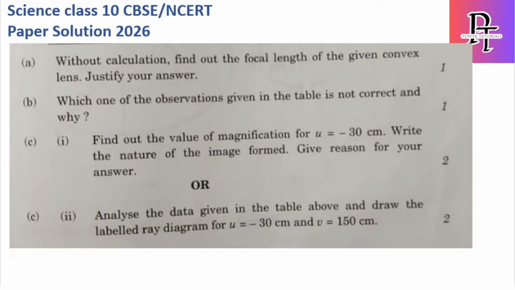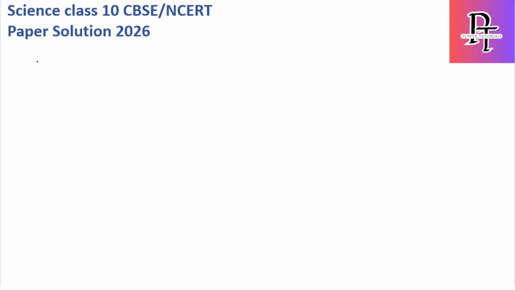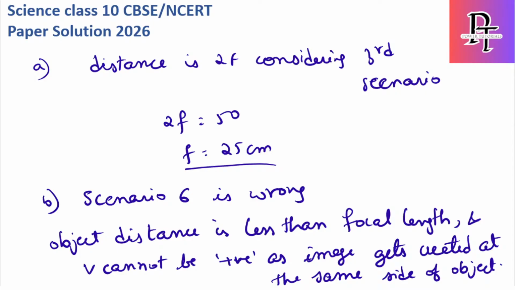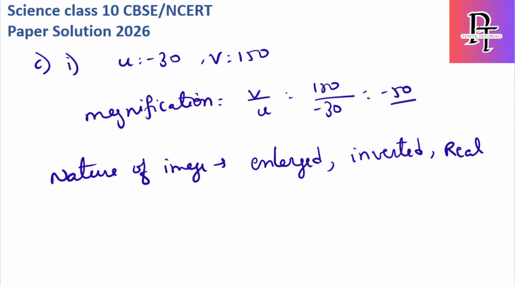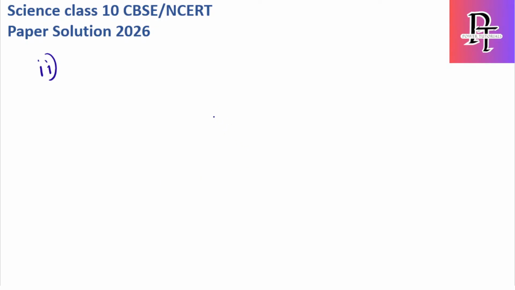See the next one. Analyze the data given in the table above and draw the labeled diagram for u is equal to minus 30 and v is 150. So for this let's draw the diagram. It's a convex lens.